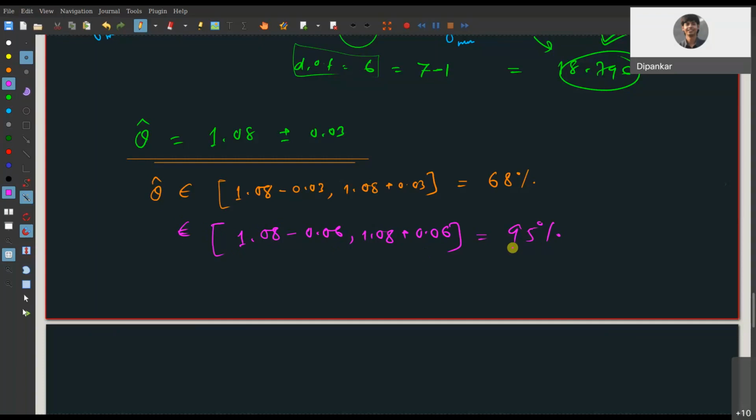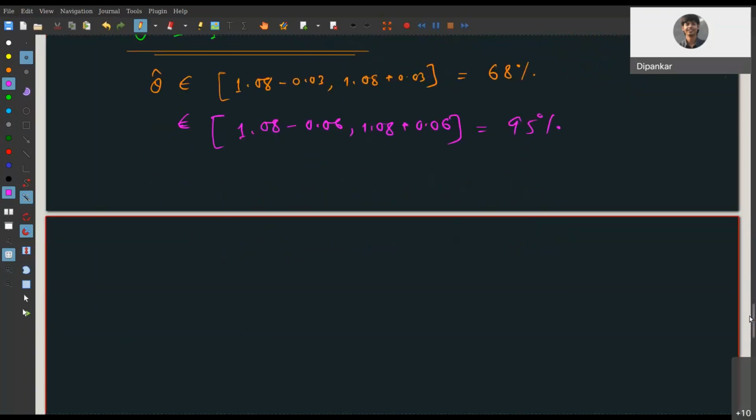Now, what happens if it does not follow the exact Gaussian distribution? Suppose it has a longer tail than the Gaussian distribution, then maybe this error bar that I am suggesting here, that it is within 2 sigma of the mean, is not 95%.